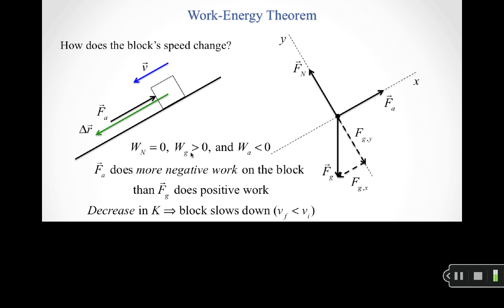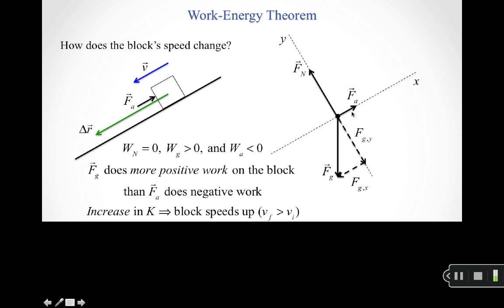Which means, again, the net work, when I add up 0 plus this positive term plus this negative term, if this term is larger, that means I'm going to have a negative net work, which means I have a decrease in kinetic energy, which means that the block is going to slow down.